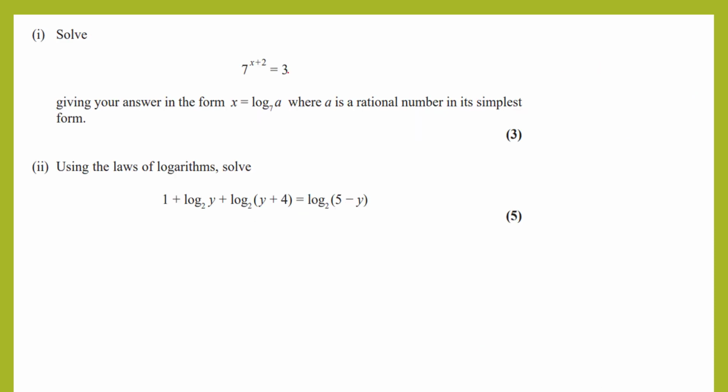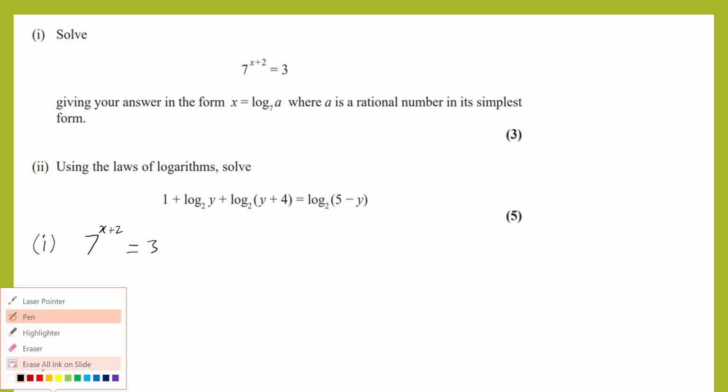Next, 7 to the power of x plus 2 equals 3, giving your answer as x equals log a to the base 7, where a is a rational number in its simplest form. So we need to keep a as a rational number, and then we need to solve this. Let's see in part i how we will do it. 7 to the power of x plus 2 equals 3.